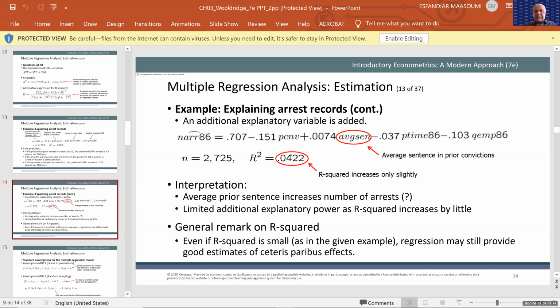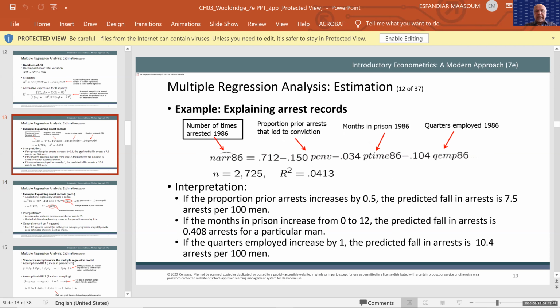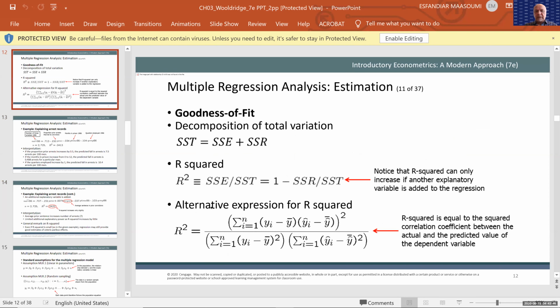R squared seems to go up a little bit, at least not go down, when I add variables to a regression. There's a good reason for that. R squared is a non-decreasing function of the number of explanatory variables. The more variables I add, the larger this becomes.